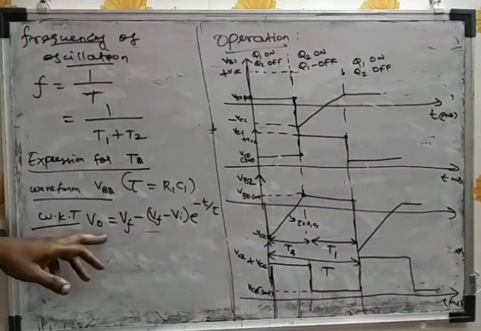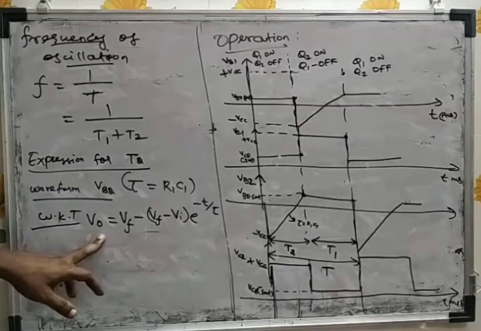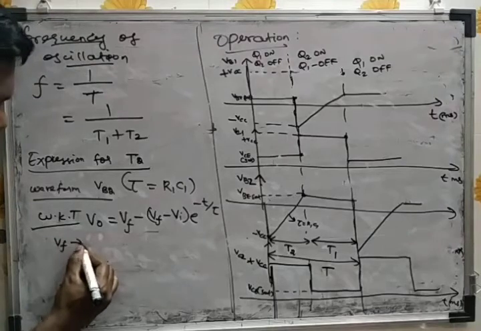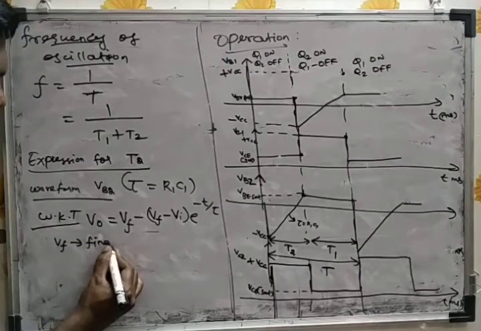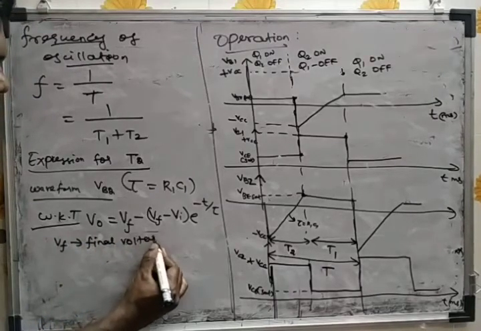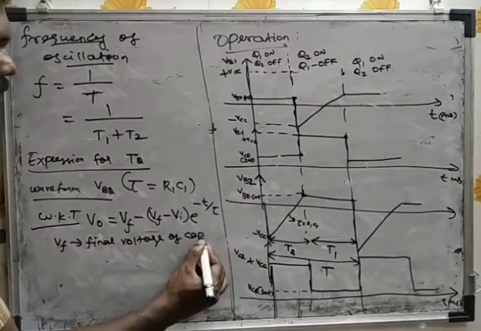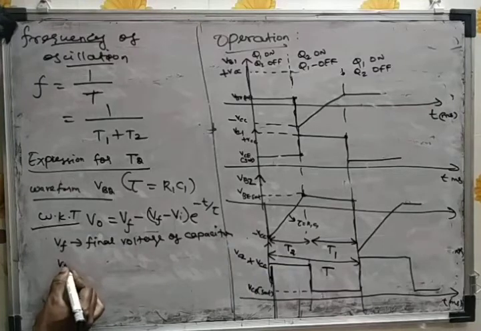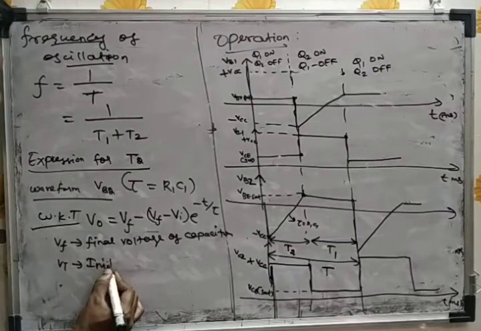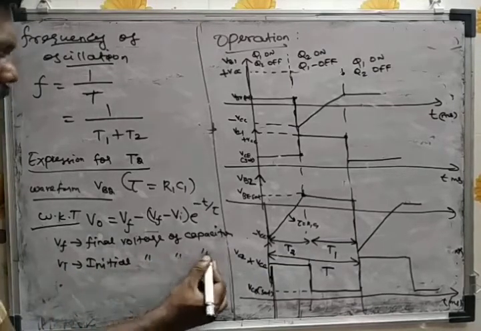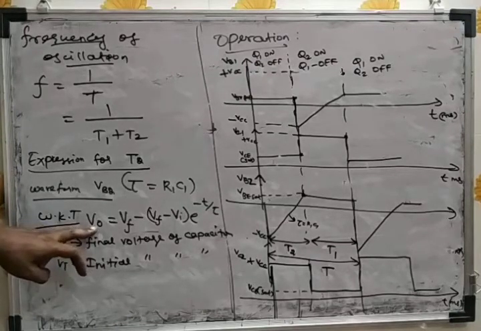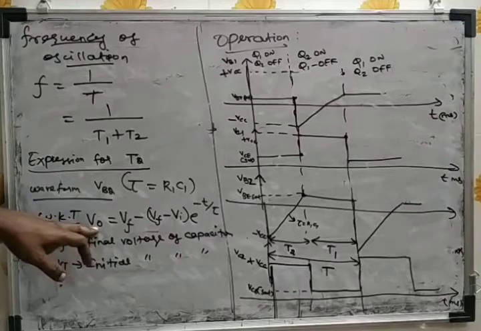So this is the voltage across the capacitor, where Vf is the final voltage of the capacitor and Vi is the initial voltage of the capacitor. So this is the general form of the voltage across a capacitor.